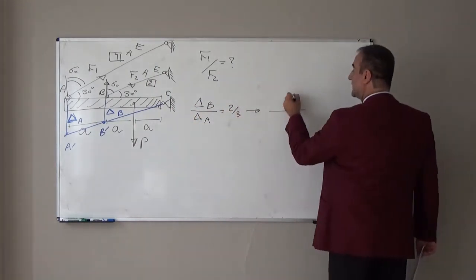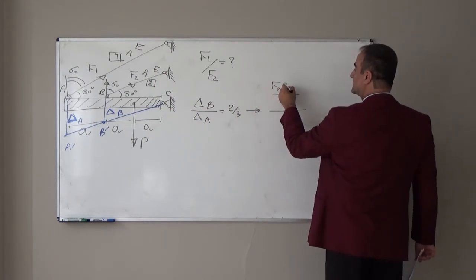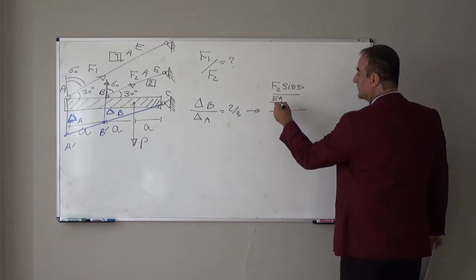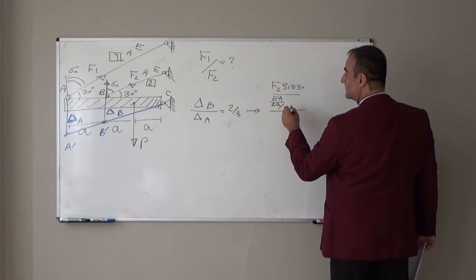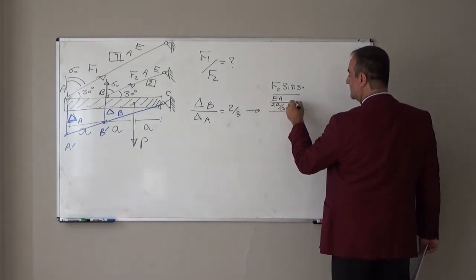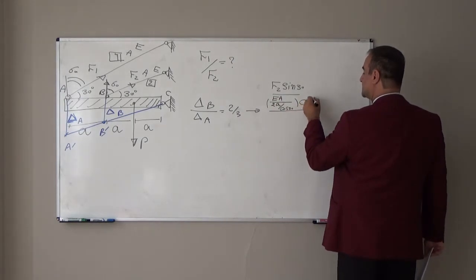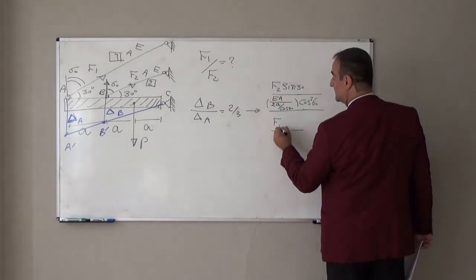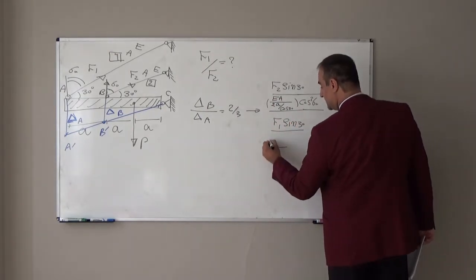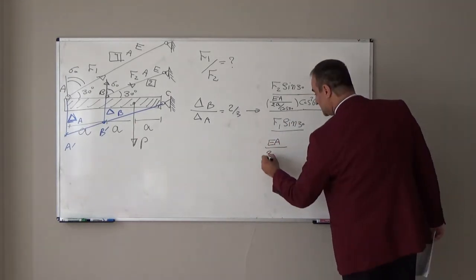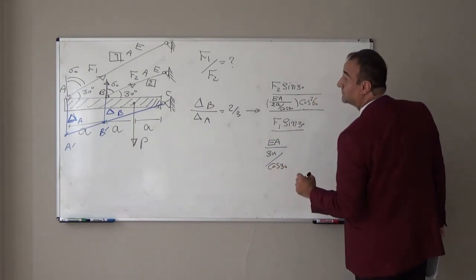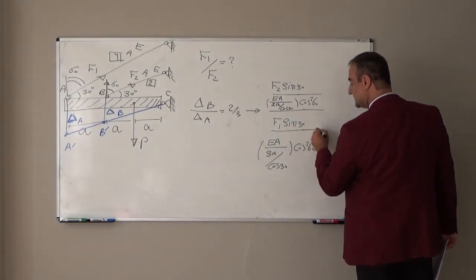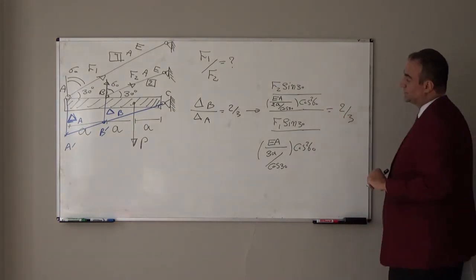From here I can write F2 sine 30 over EA divided by 2a divided by cosine 30 times cosine square 60, divided by F1 sine 30 over EA over L1, L1 will be 3a cosine 30, times cosine square 60, that is equal to 2 over 3.